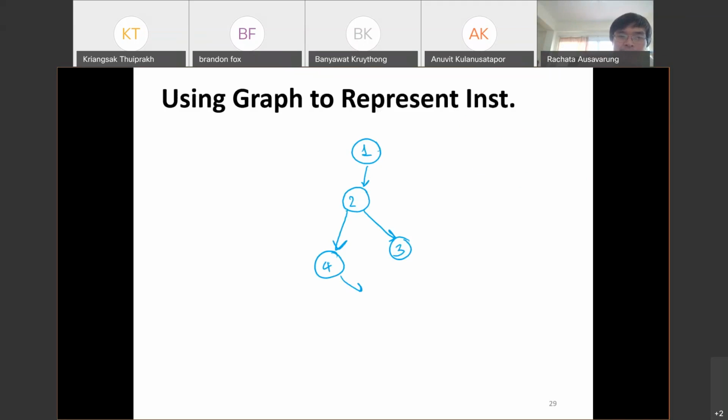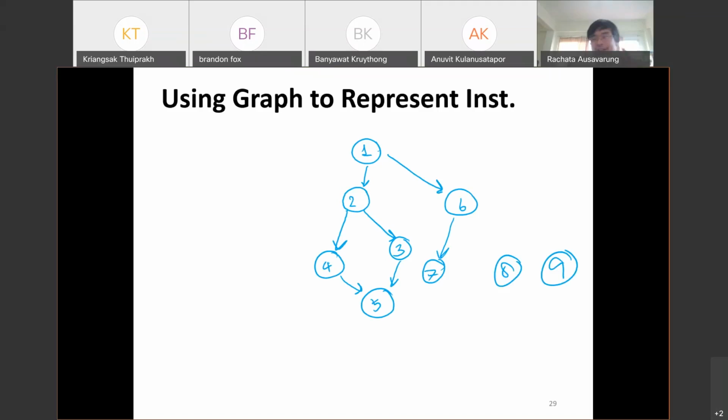Which then produce the result as an input to the fifth instruction. You can have the sixth instruction right here, 7, and that's the eighth instruction and 9th instruction that's not depending on anyone, but they produce instruction to node 10, which produce to node 11, right?